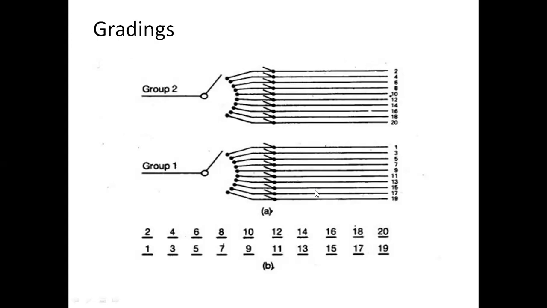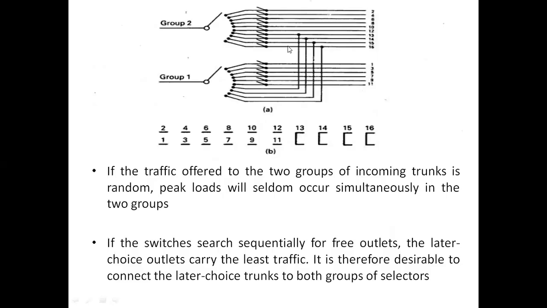So if that's the case, the latter outlets of a switch are taken and combined, are connected. This process of combining the latter outlets or latter output trunks of a switch or a selector is called grading.